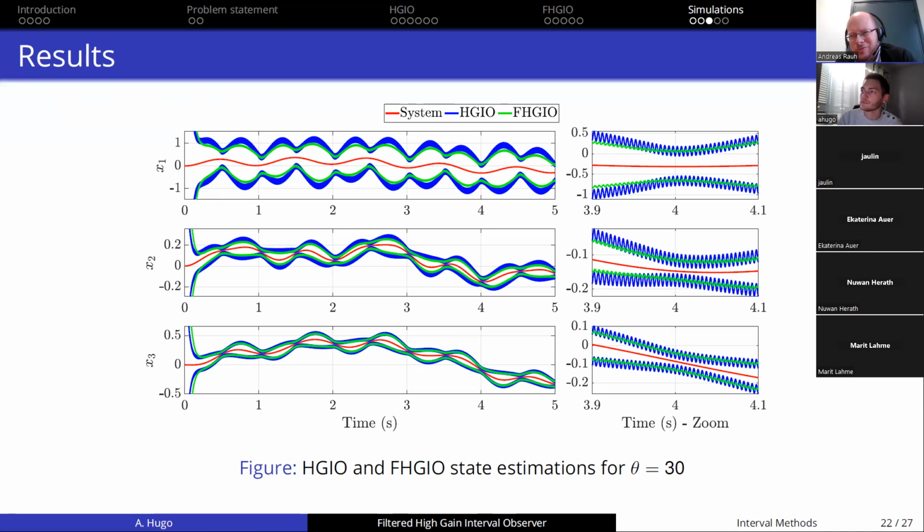I don't think so. I think only one type of observer is enough, and preferably the filtered one, because in concrete implementation we always have noise with the sensor. So I think the high-gain interval observer, the blue one, was here to build the first steps for the design and can now be improved. The first improvement was to use a filter.